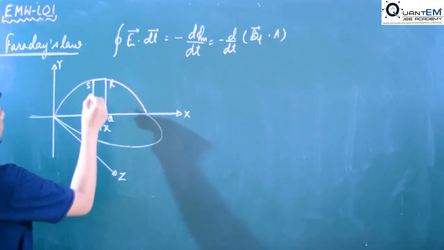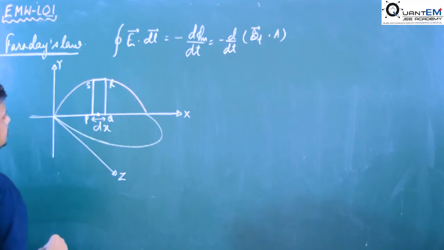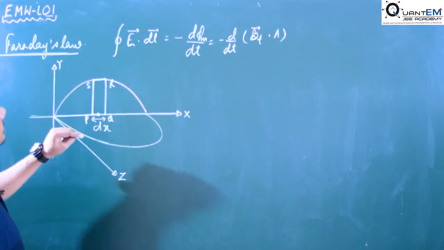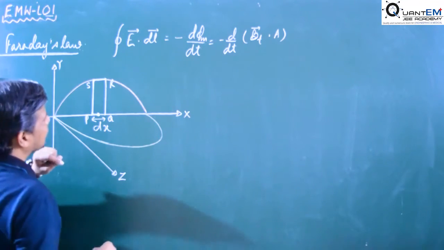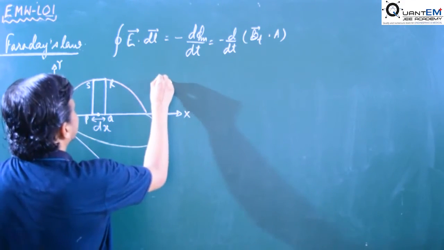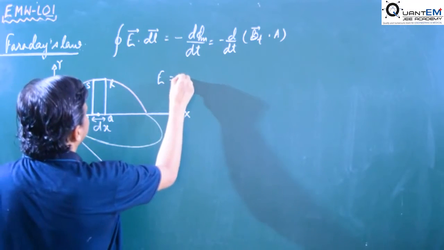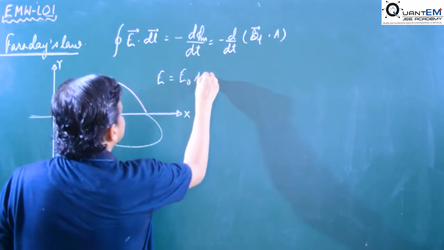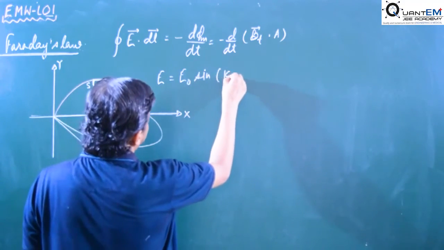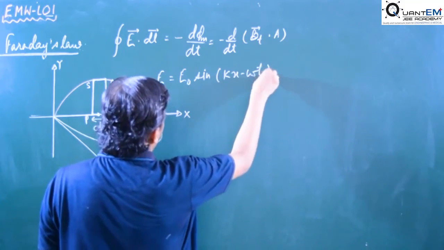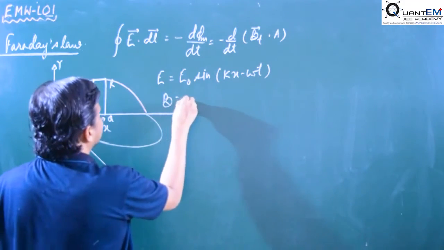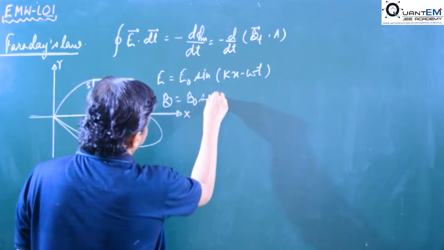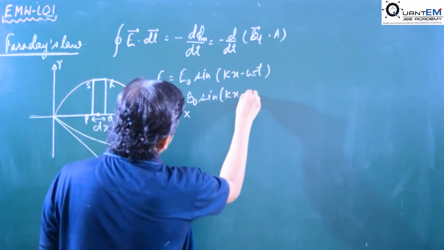Okay, now see, the electric field changes with respect to time as well as position. So what is the value of the electric field we have? It is E naught sin(kx minus omega t). And the magnetic field is B naught sin(kx minus omega t); they have equal phase.